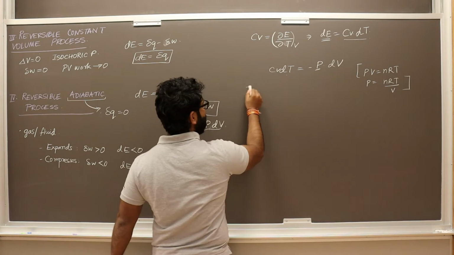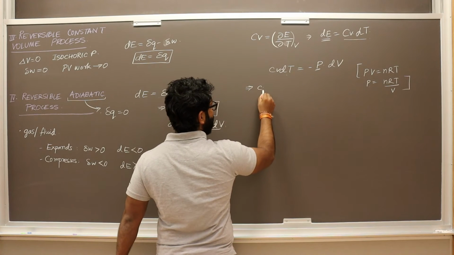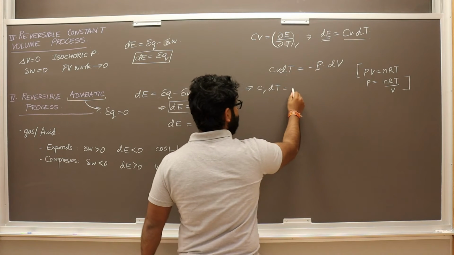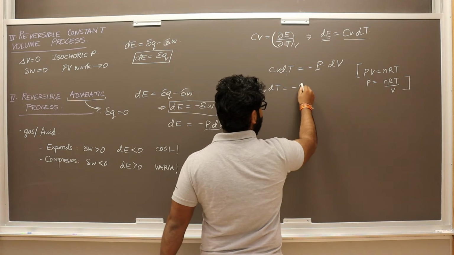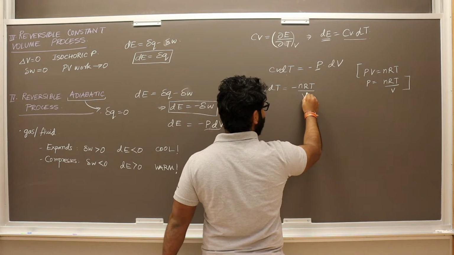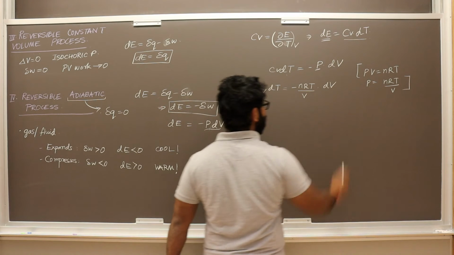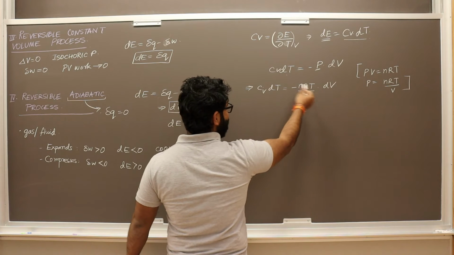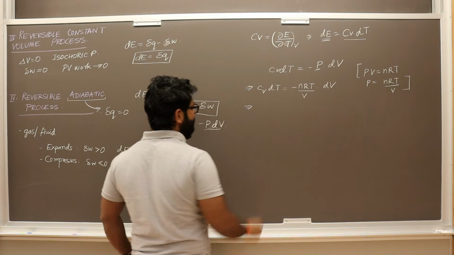So let's do that. CV dT is equal to minus nRT by V times dV. Now we can bring this R and T over this side, right?